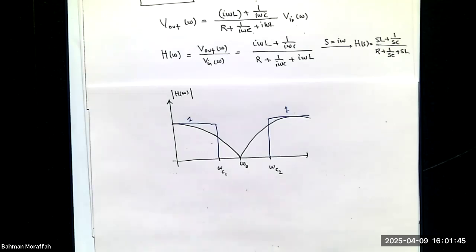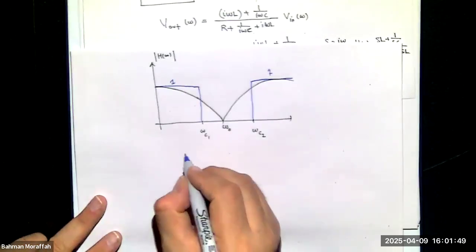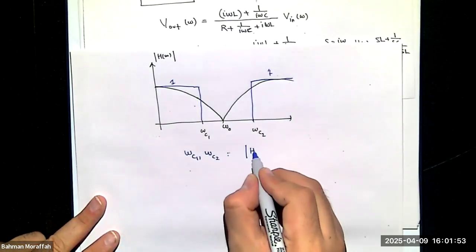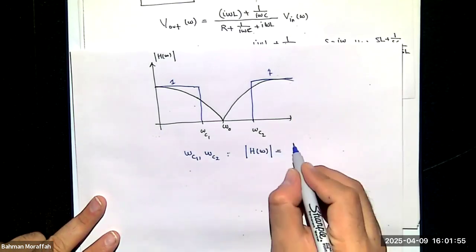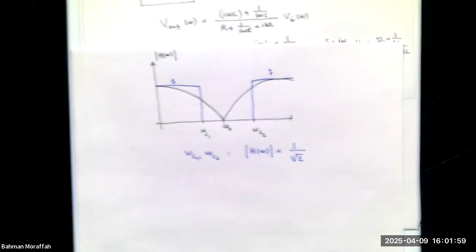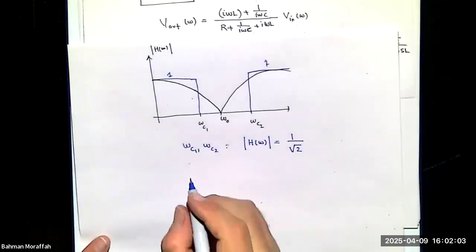How do we find omega C1 and omega C2? Well, it's the same as before. Omega C1 and omega C2 are the roots of the magnitude of H of omega equals 1 over square root of 2. Right? How do I find this omega naught though?